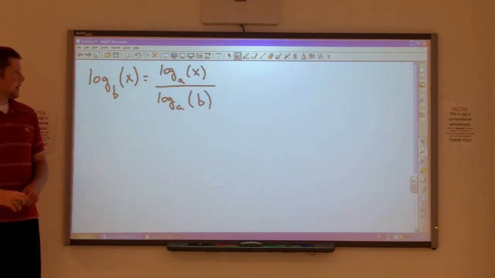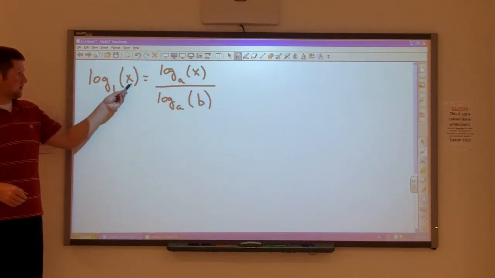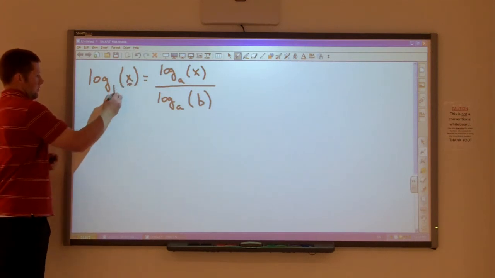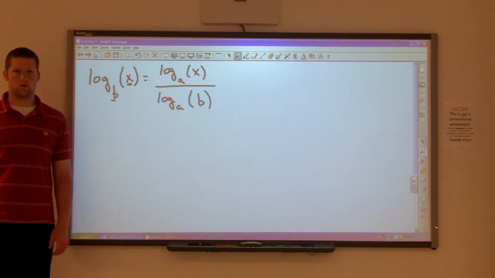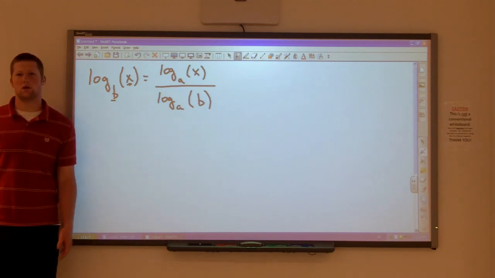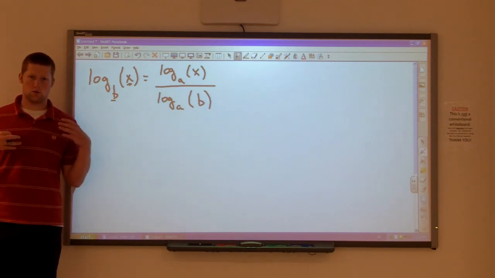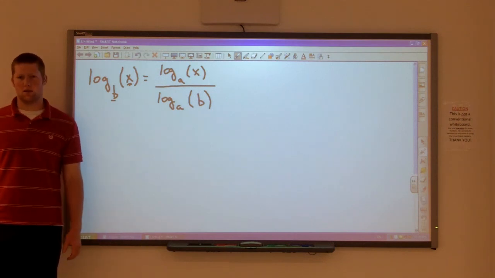So we can rewrite any logarithm by changing the base as the ratio of this, the log of this number, the log of that number. And that can be very helpful when you're on an exam and you need an answer, or when you're doing your homework and the question calls for some numeric answer rather than the exact form.